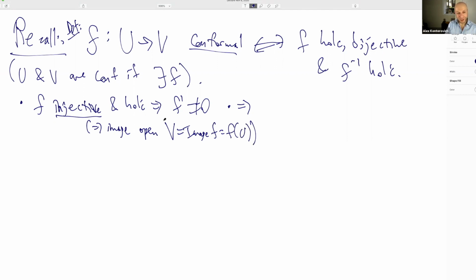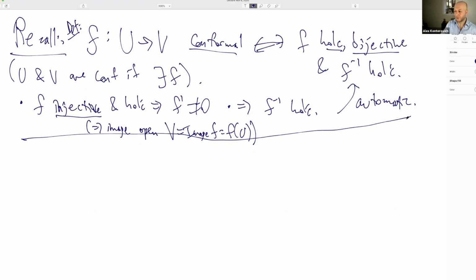Then, okay, it's bijective on the image, then F inverse is also automatically holomorphic. So this is automatic from this and this, right? Good. Okay. That's what we proved. And we looked at some examples.